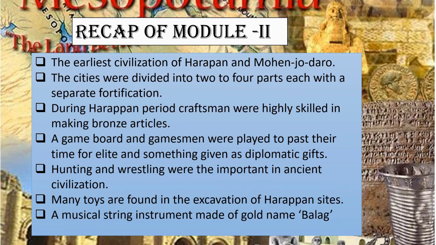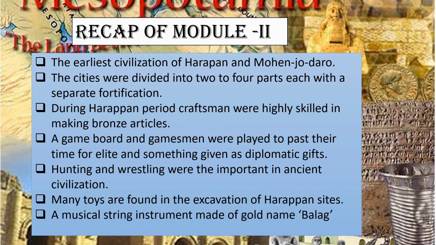Let's do a quick recap of our Module 2. The earliest civilization of Harappa and Mohenjo-daro. The cities were divided into two or four parts, each with a separate fortification. During the Harappan period, craftsmen were highly skilled in making bronze articles.